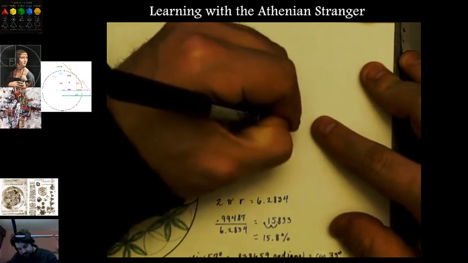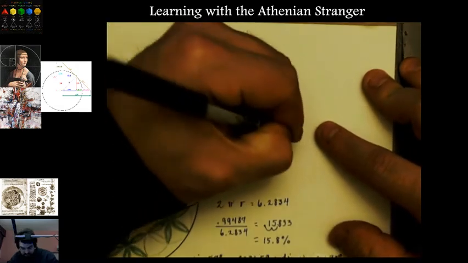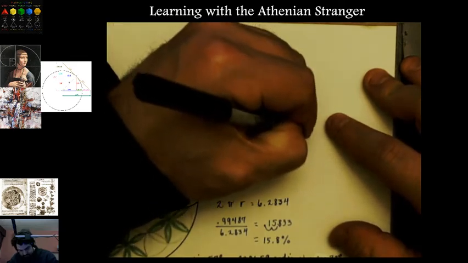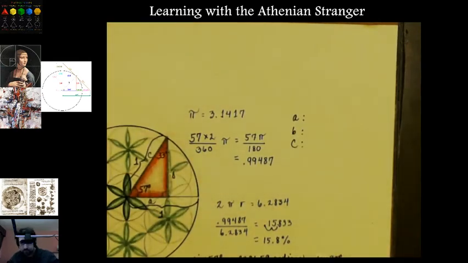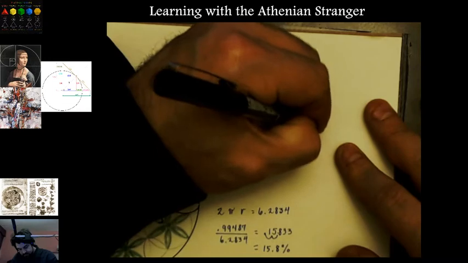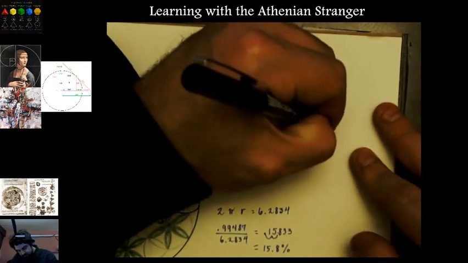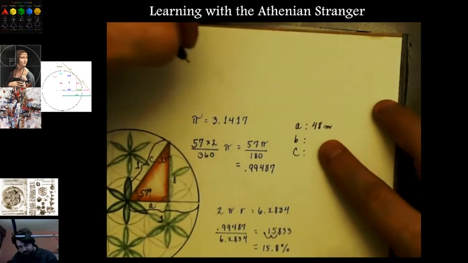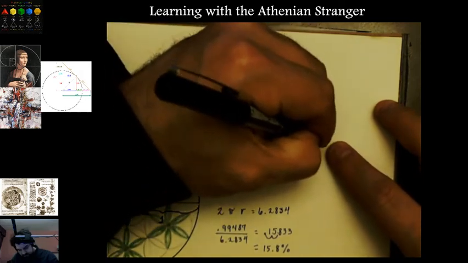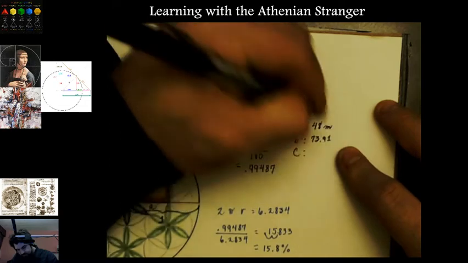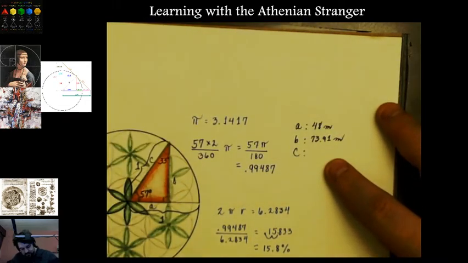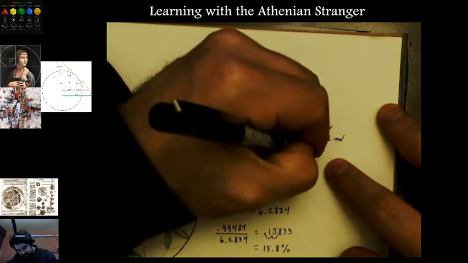A, B, and C. So A was 48 meters. B was 73.91 meters. And C, the radius, was 88.1288 meters.